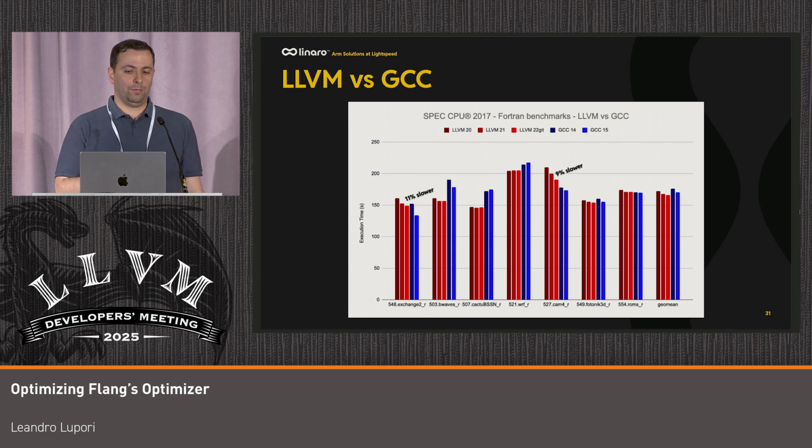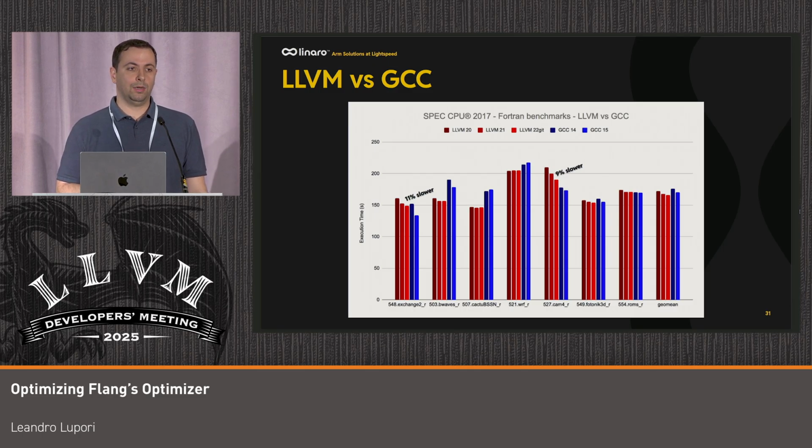We can see the performance evolution on both. The red columns represent LLVM from 20 to the main version, and the blue columns are the GCC time, GCC 14 and 15.